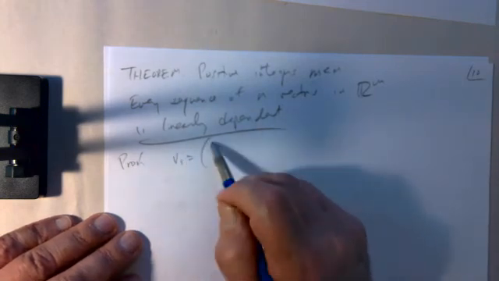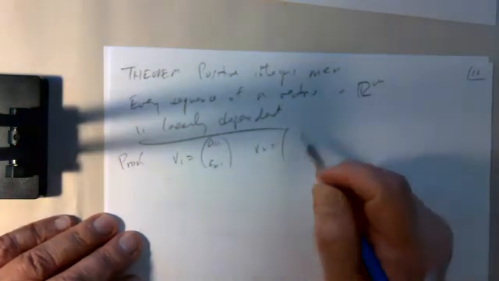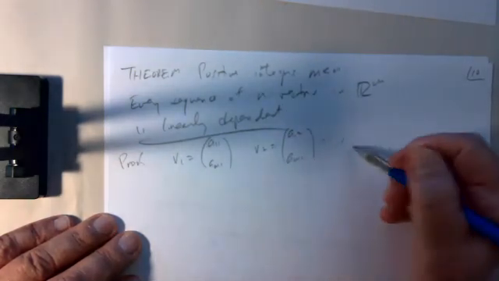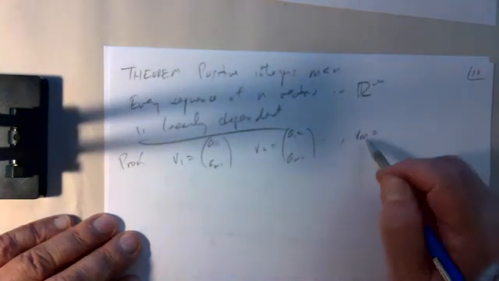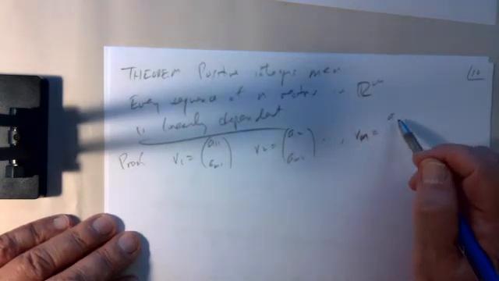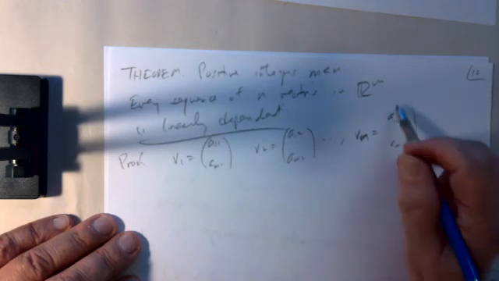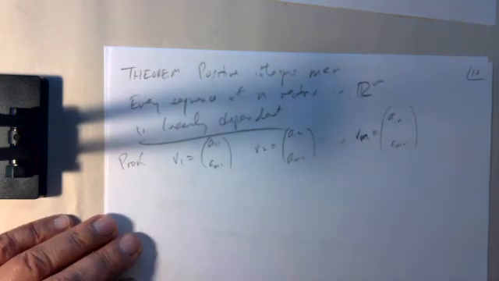Say v1 is the vector a11 down to am1, and v2 is the vector a12 down to am2, and so on. v sub n, the nth vector, is a1n down to amn. So here we have n m-dimensional vectors.